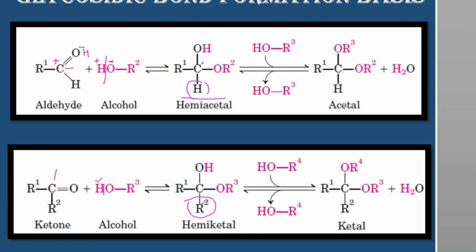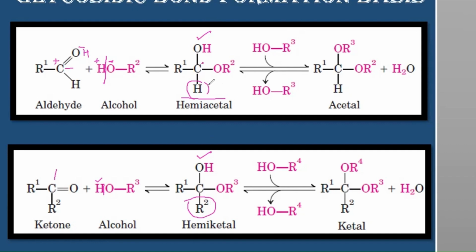So the formation of the glycosidic bond happens after the cyclization. How does it take place? A hemiacetal is formed during the cyclization of aldoses, and a hemiketal is formed during the cyclization of the ketoses.